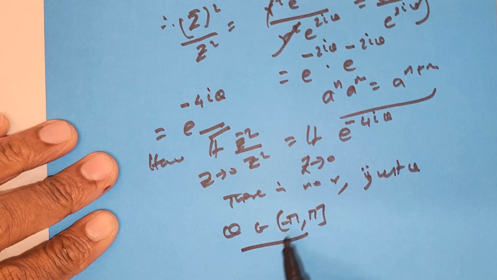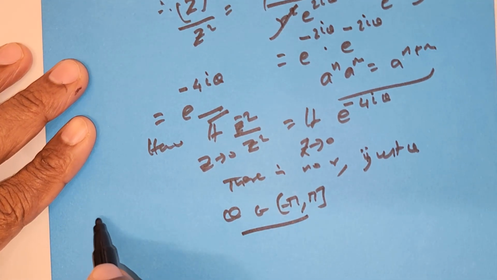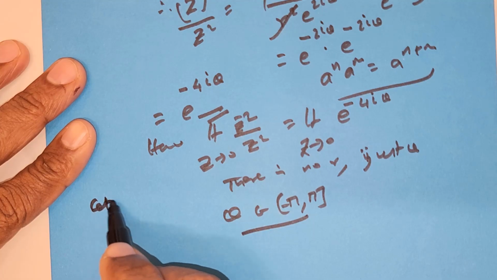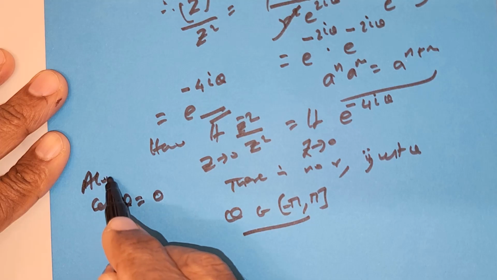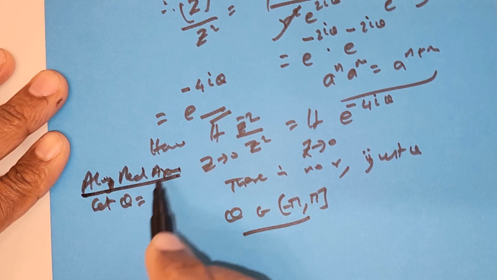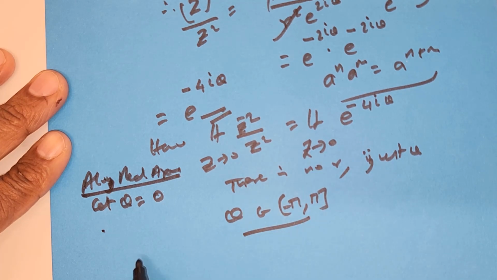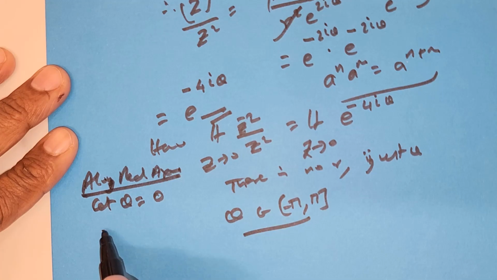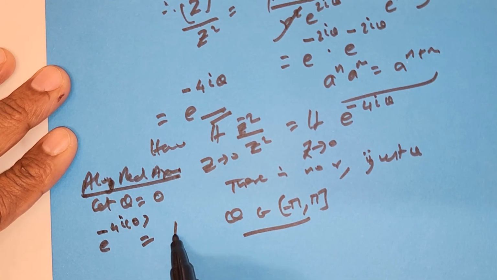So when the values can be varied, for example along the real axis, if I take theta equal to 0, this is along the real axis. You substitute it here, e raised to the power of negative 4 times i, theta is 0, you get 1.